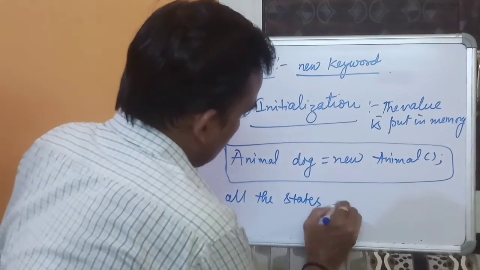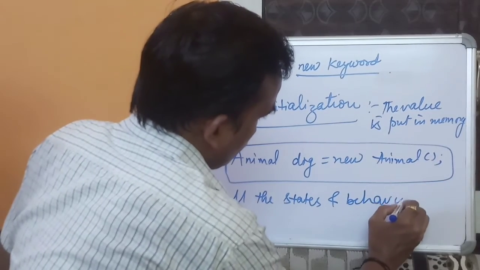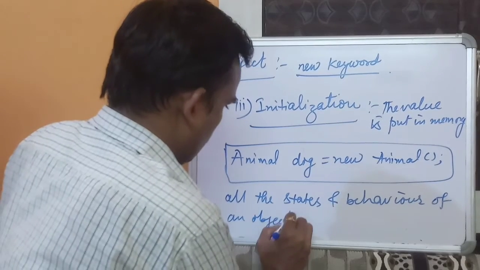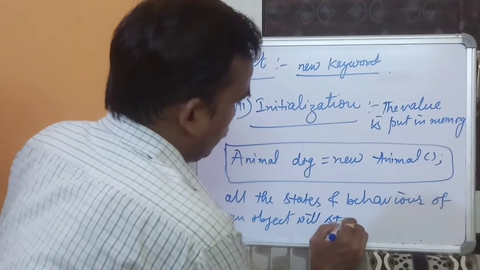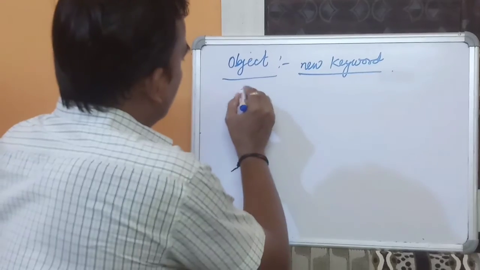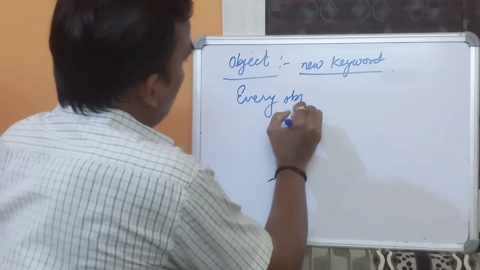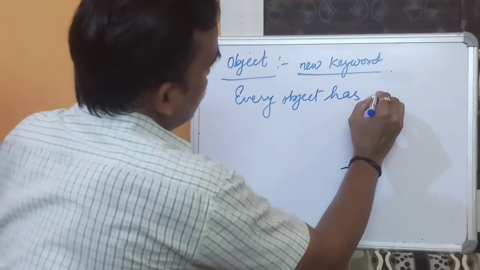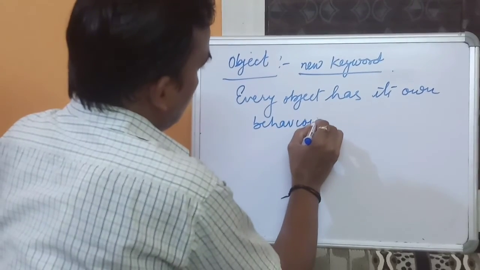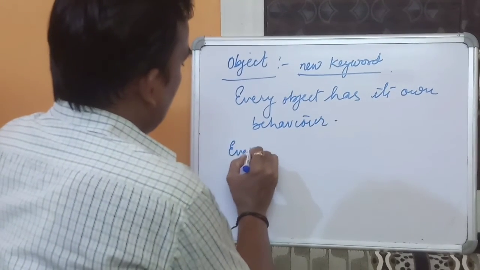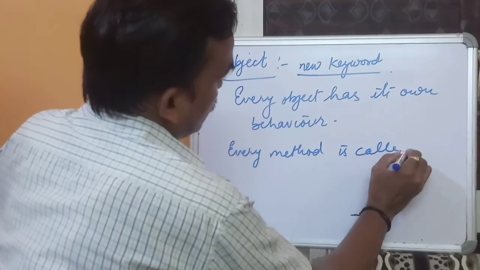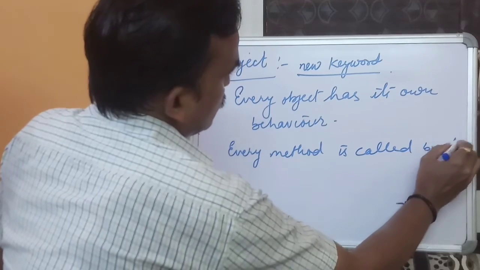The states and behavior of an object will be stored in memory. Every object has its own behavior, and every method is called by its objects.